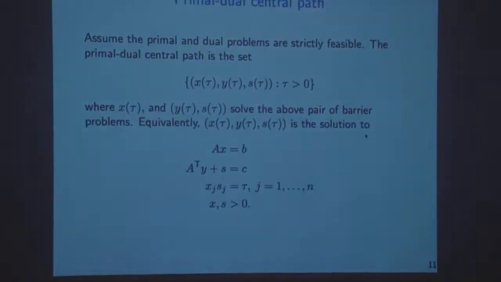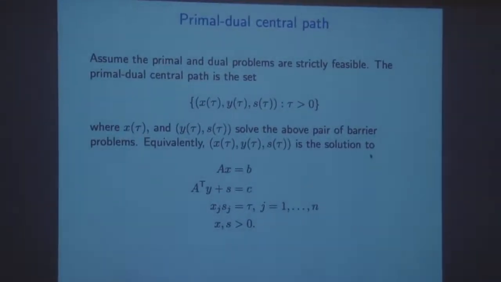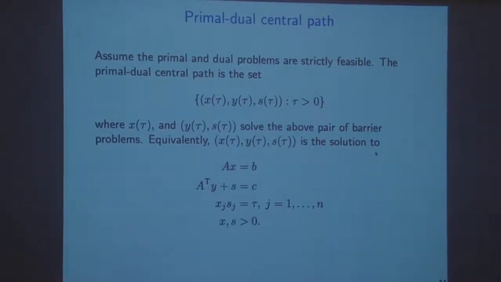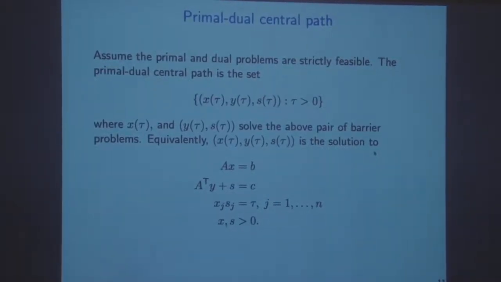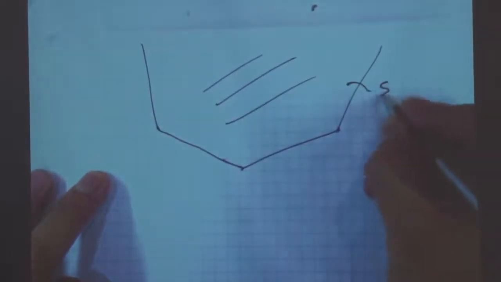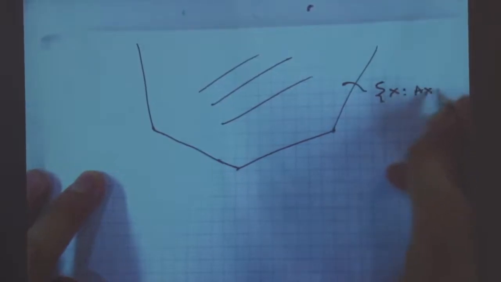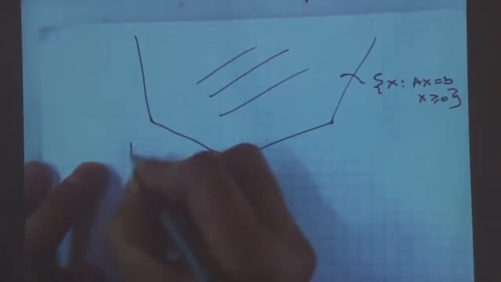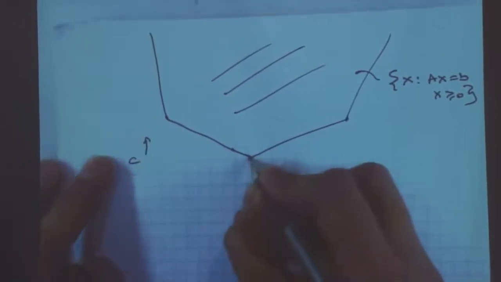There is a picture that goes with this, and it's always nice to think about. Think about our primal problem like this: suppose this is the set of x such that Ax = b and x is greater than or equal to 0, and my objective function is here.